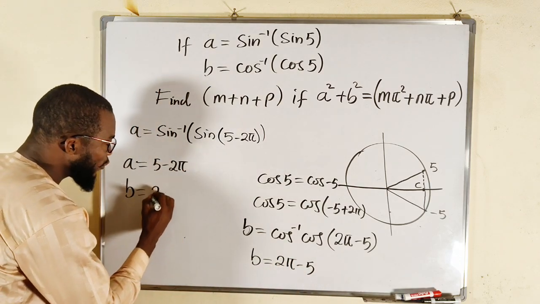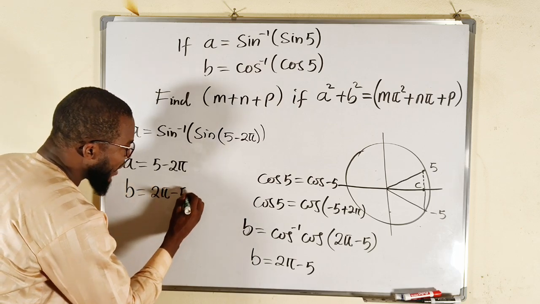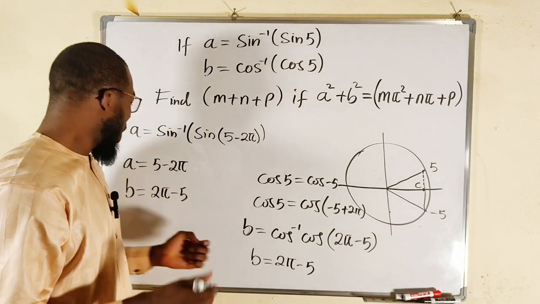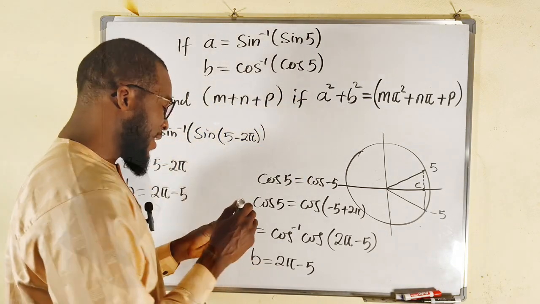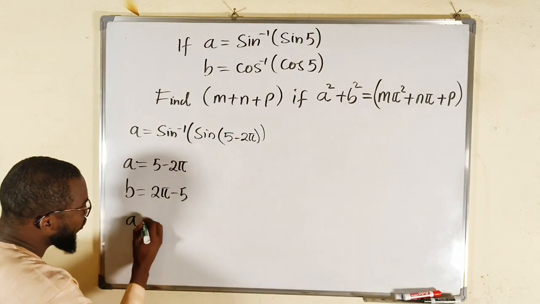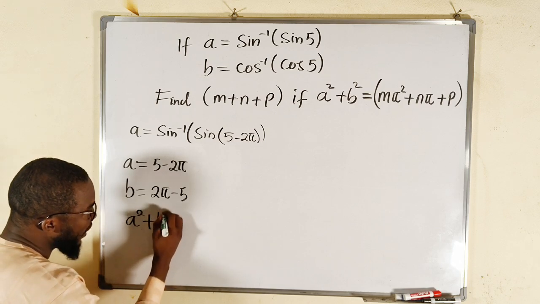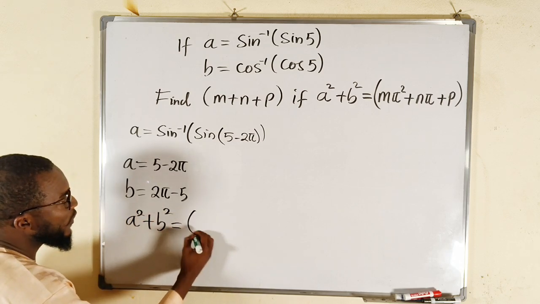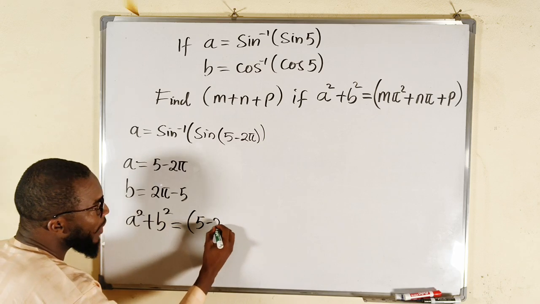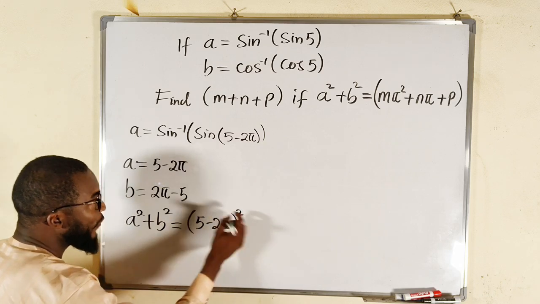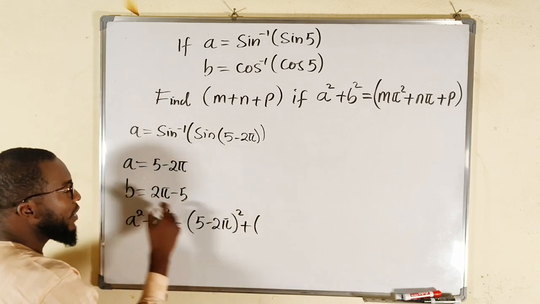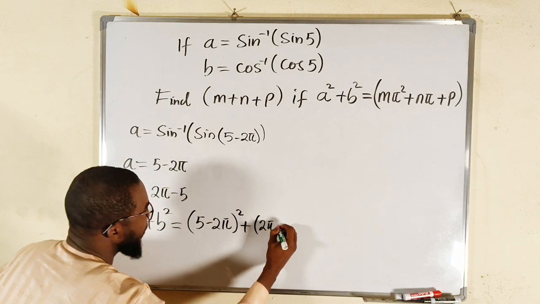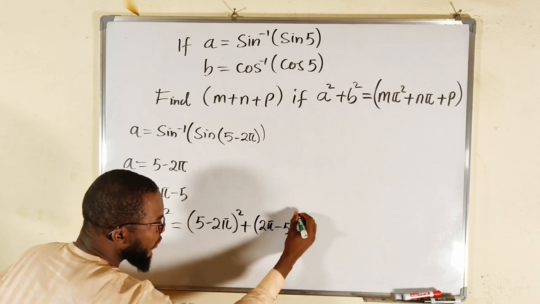B is equal to 2 pi minus 5. We're almost done. Now we would like to square them because we are looking for a squared plus b squared. So we have a squared plus b squared equal to the whole of 5 minus 2 pi squared for a, then plus that of b, which is 2 pi minus 5 whole squared.